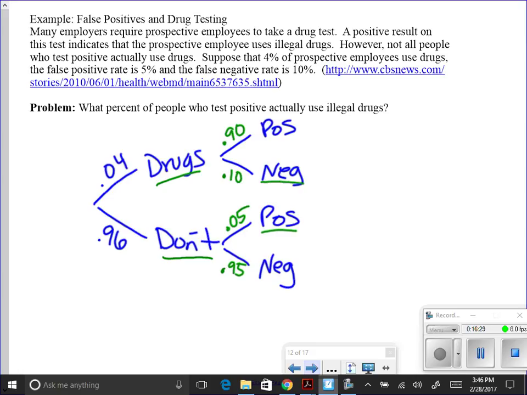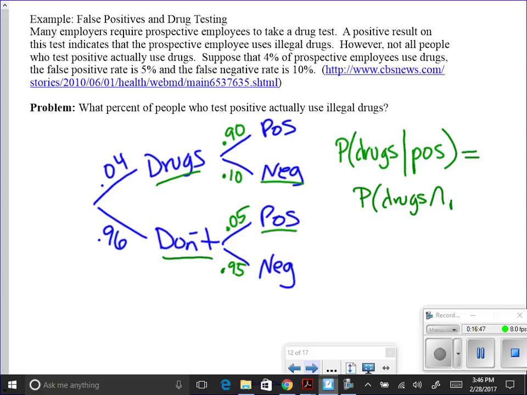What percent of people who test positive actually use illegal drugs? Again, this is conditional. So the probability that you use drugs given you have a positive test. So the formula would be the probability of drugs and positive over the probability of being positive.